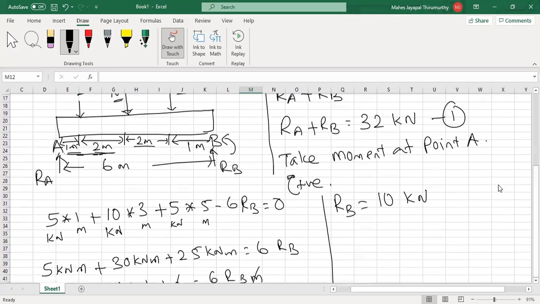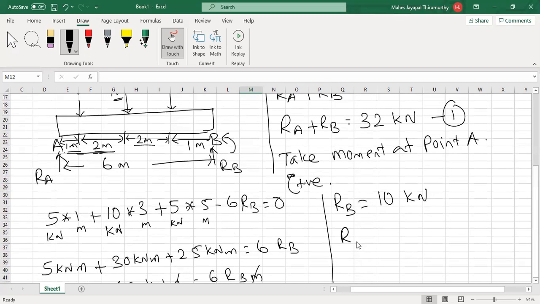Now if you substitute here, you can find RA. RA is equal to 32 minus 10, which is 22 kilonewton. So I can write down here RA is 22 kilonewton, and RB is 10 kilonewton.